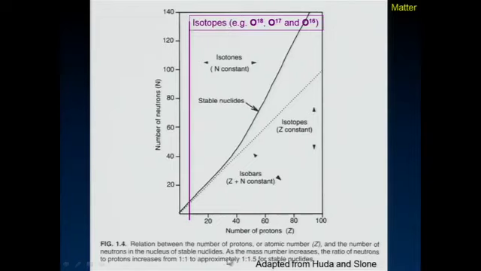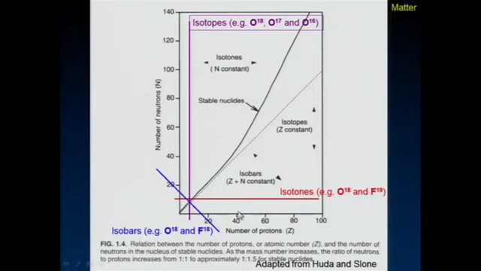I've drawn in here at about the level of 8 protons the line that corresponds to where the isotopes of oxygen would fall. Here are the isotones, the things that have the same number of neutrons, and of course these would have variable numbers of protons. So there's O18, F19, the things we talked about. And on this line are the isobars, things that have the sum of the protons plus the neutrons being the same.